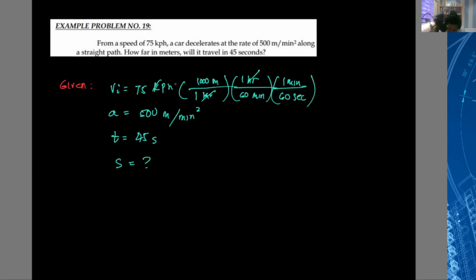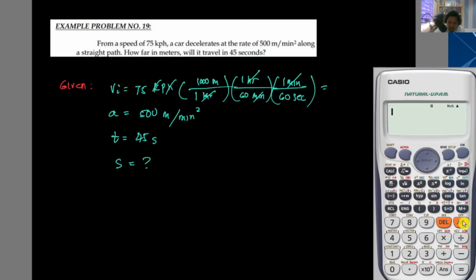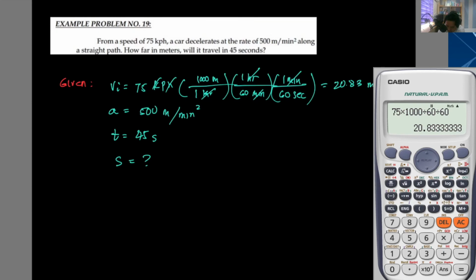Cancel hour and minutes, so what we have here is meter per second. Now we solve using the calculator: 75 times 1,000 divided by 60 divided by 60 is 20.83 meter per second.